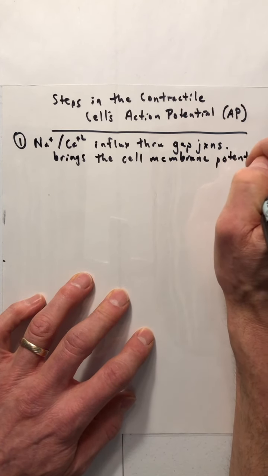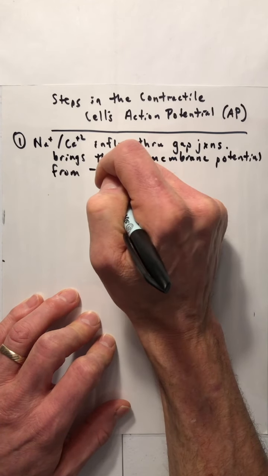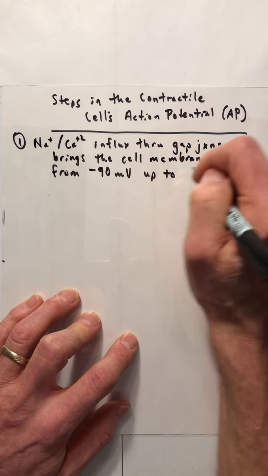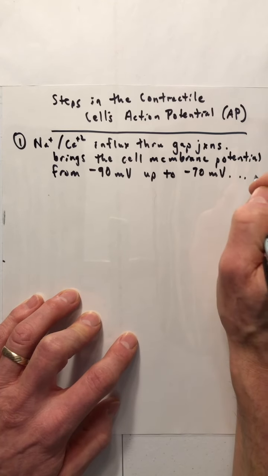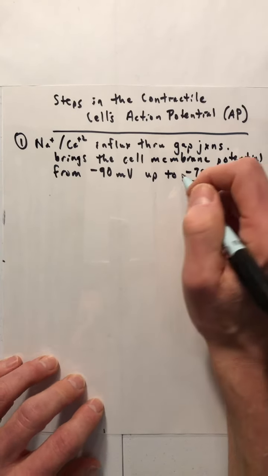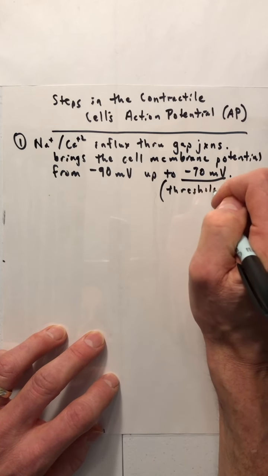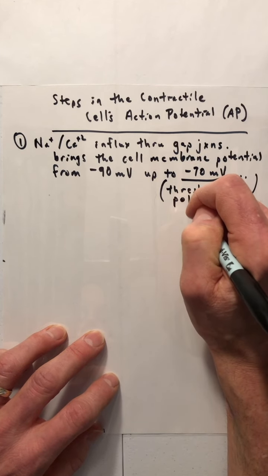So from that resting state of minus 90 millivolts up to minus 70 millivolts, we call that the threshold potential, because that's the threshold that has to be reached for those fast sodium channels to open up.